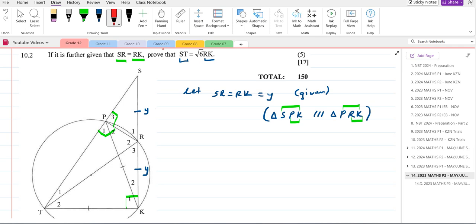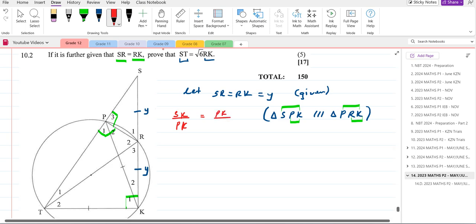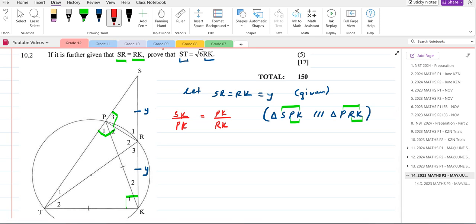That will be nice because SK and PK both appear inside here. So SK over PK equals PK over RK. And that's the reason. If you cross multiply, you're going to get PK squared equals SK times RK.